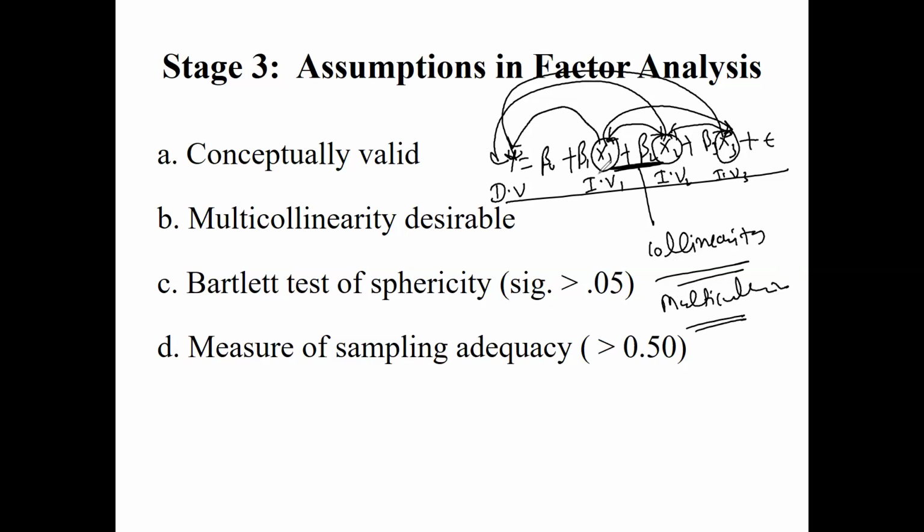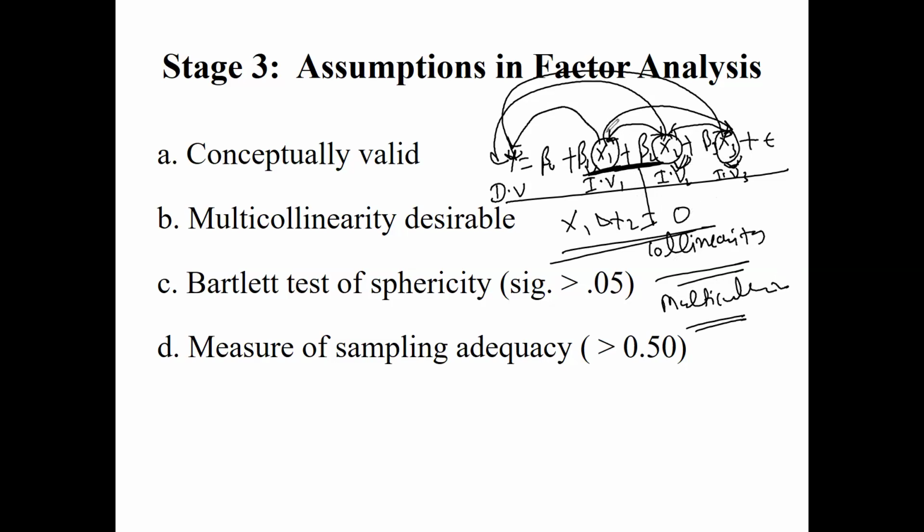It means these independent variables, especially x1, should be unrelated with x2 and x3. Unrelated means there should not be any correlation between them. The correlation between x1 and x2 should be zero.